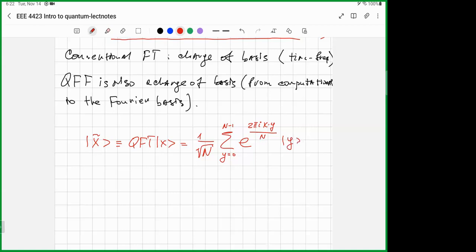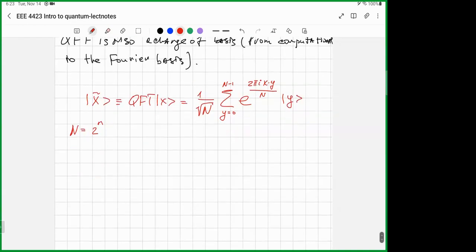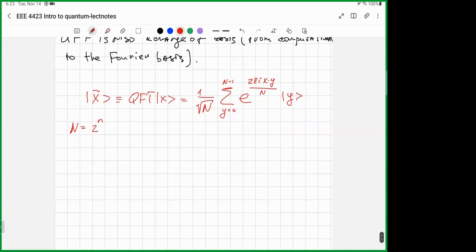The state y denotes the computational state. In a system of n qubits, capital N equals 2 to the power of n, right? So the summation runs over all the possible computational states. And this is the result.